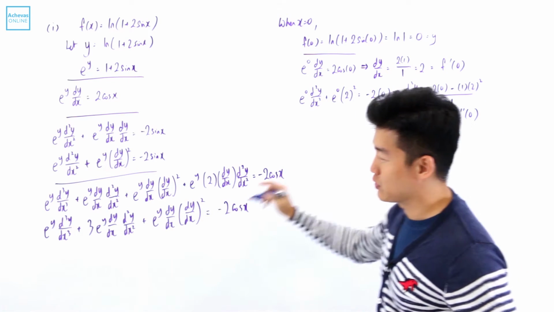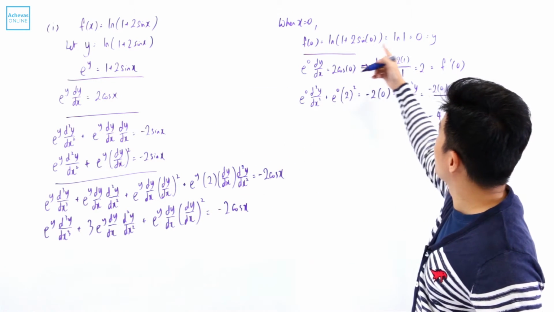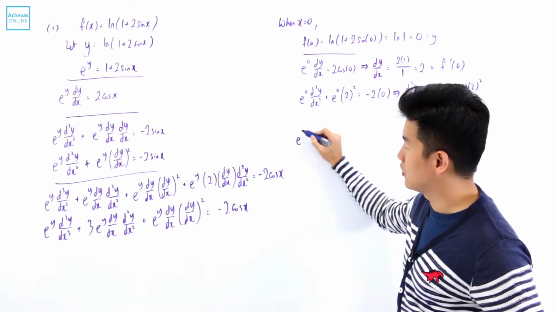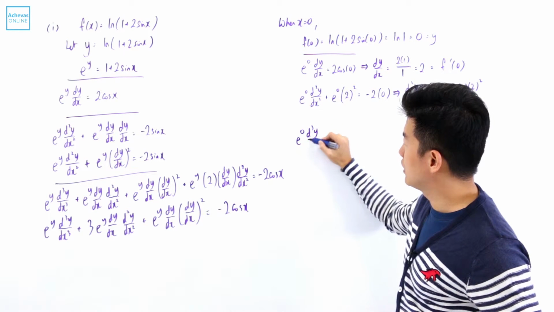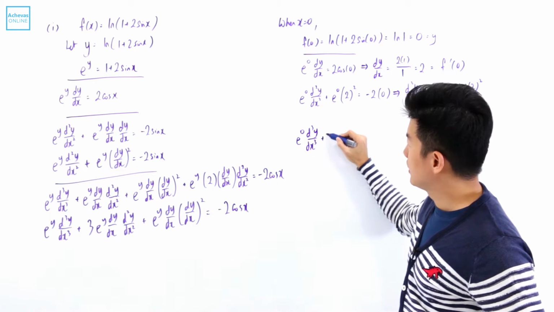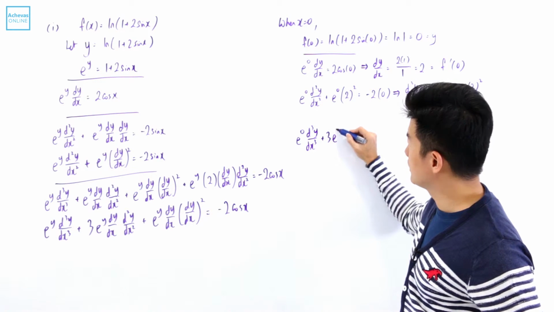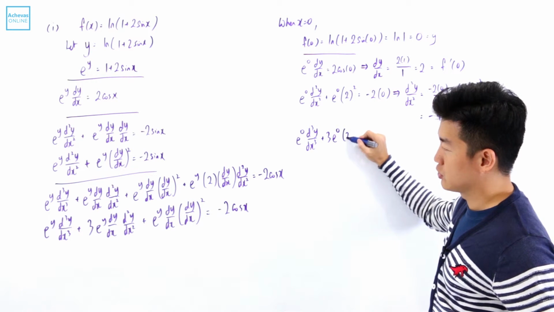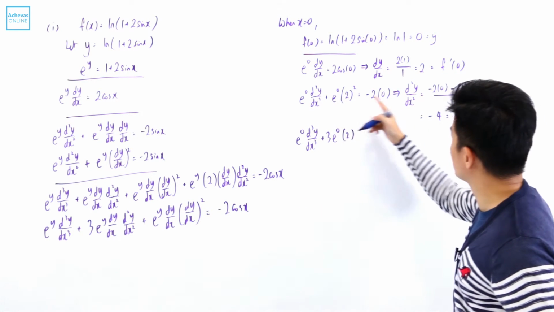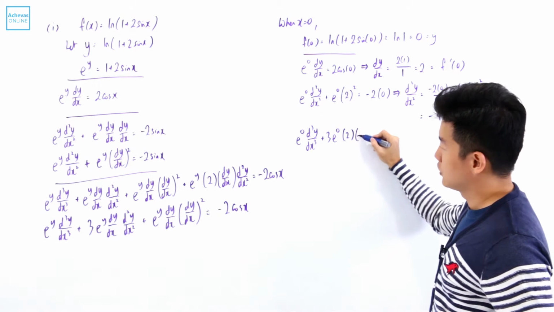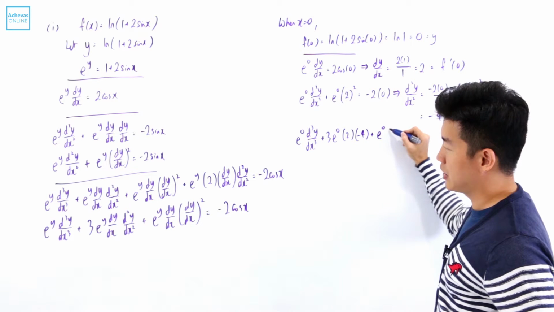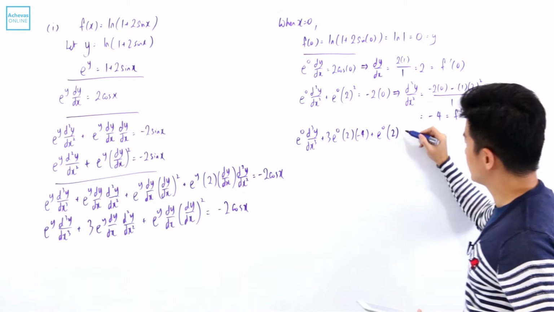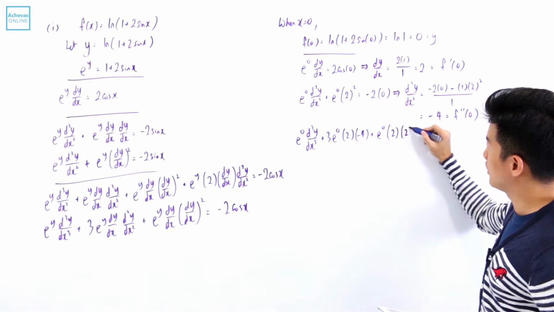Substituting x to be equal to 0, this is e to the power of y, and y is equal to 0 when x is equal to 0, so it is e to the power of 0 d³y/dx³ plus 3 times e to the power of 0 of dy/dx, which is 2, and d²y/dx² is minus 4, so here is minus 4, plus e to the power of 0 and dy/dx, which is 2, squared, so it is going to be 2 to the power of 2.